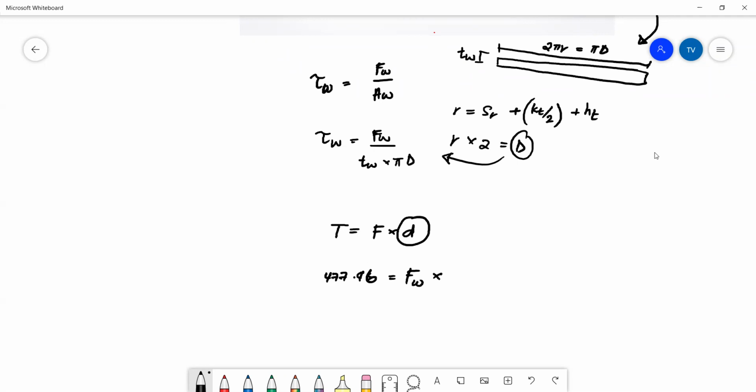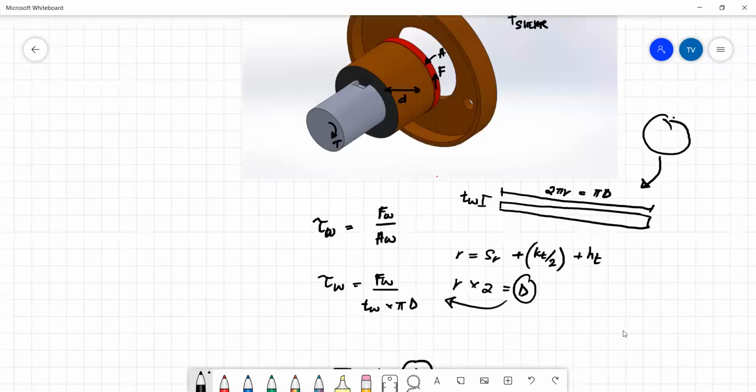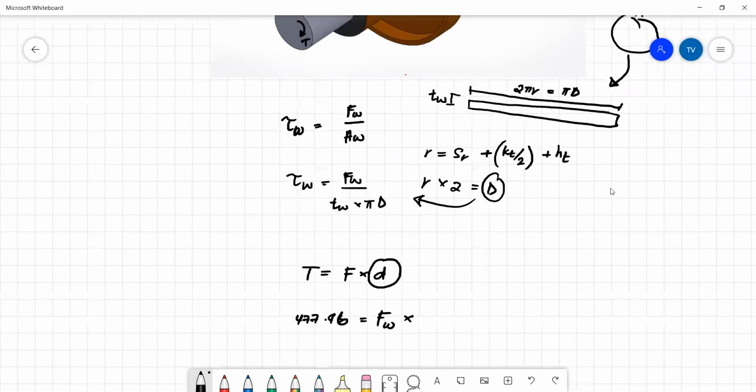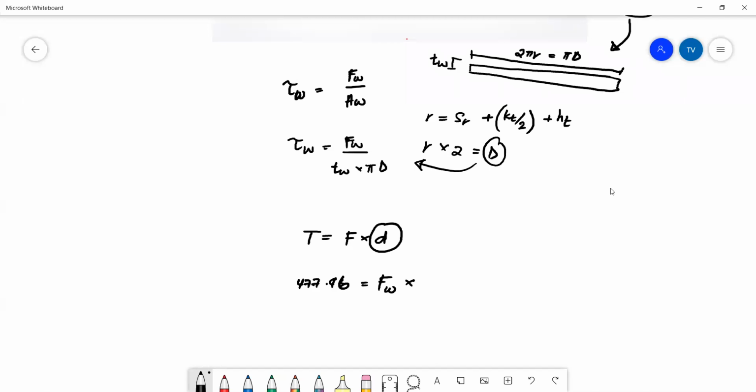From the center to the very edge where the force is being applied. So from our center to where this is being applied, this is our distance. And that distance is the radius of our boss. So this diameter divided by 2, or we could just have the radius.